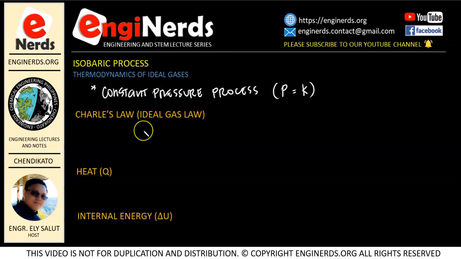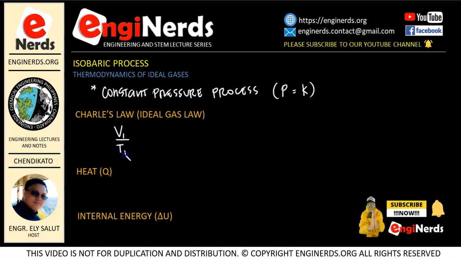Of course, we learned from our general chemistry course that if we have an ideal gas operating under constant pressure process, we are using the Charles law. And according to Charles law, our initial volume over our initial temperature is equal to our final volume over our final temperature, where our temperature is expressed in unit Kelvin, right?